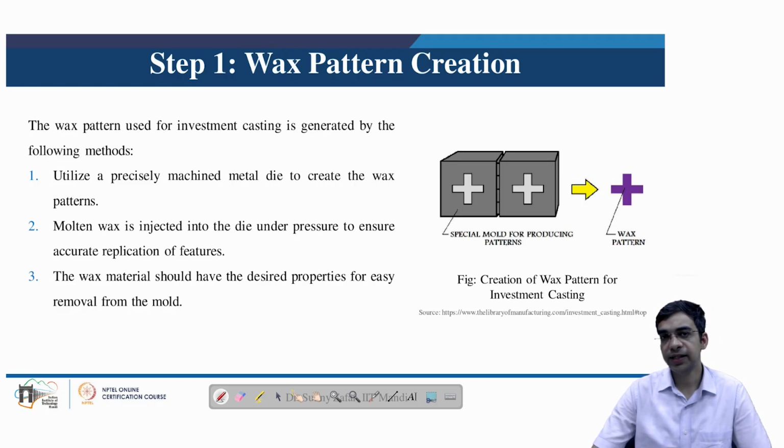The pressure at which the wax is injected should be sufficient so that accurate replication of the features takes place. The wax material should also have the desired properties for easy removal from the mold. It should not react with the internal surface of the mold, thereby creating any residue on these metallic die molds.